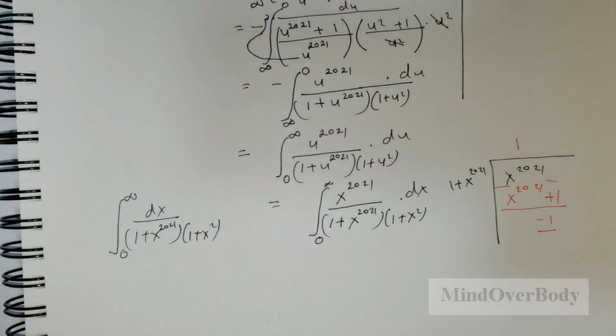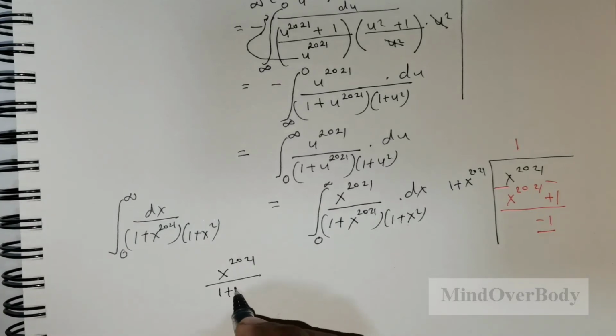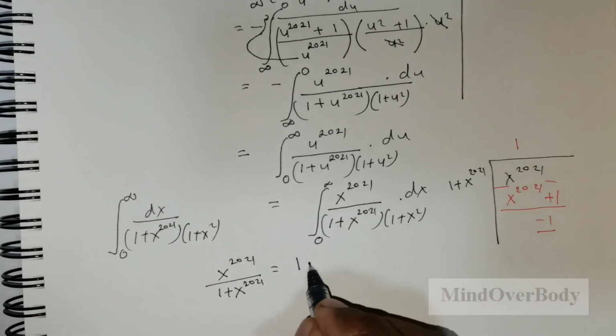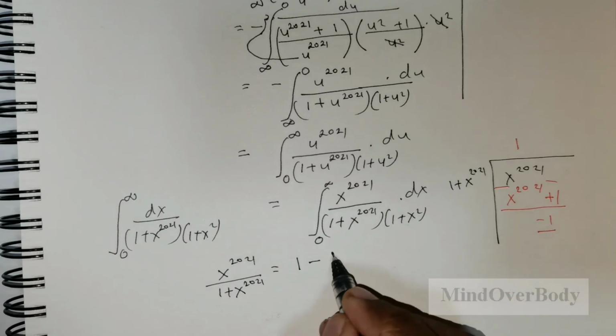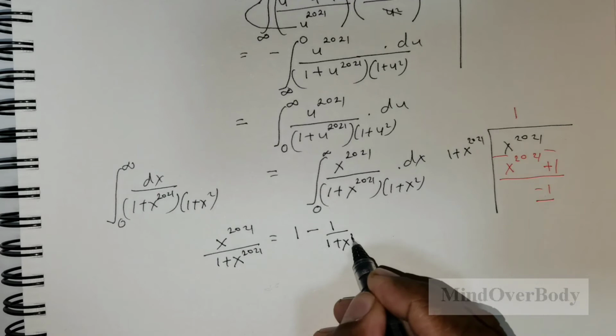So I am rewriting x^2021 divided by 1 + x^2021 as the quotient 1 followed by the remainder negative 1 over 1 + x^2021.